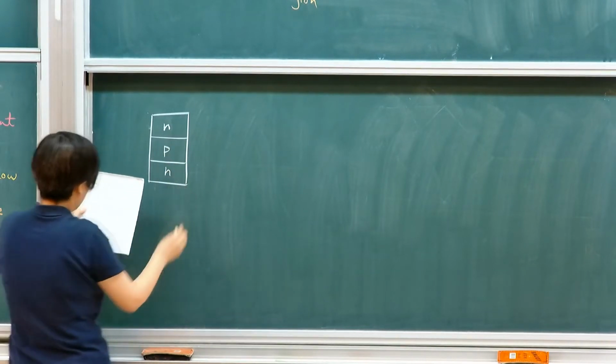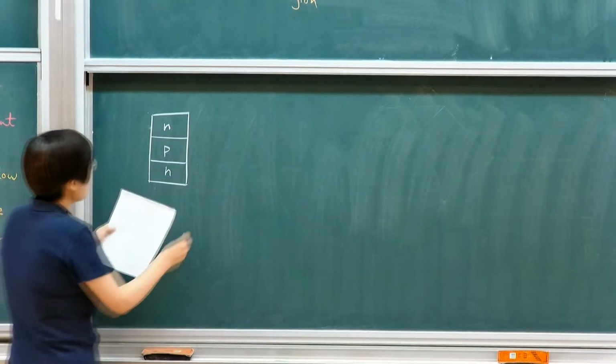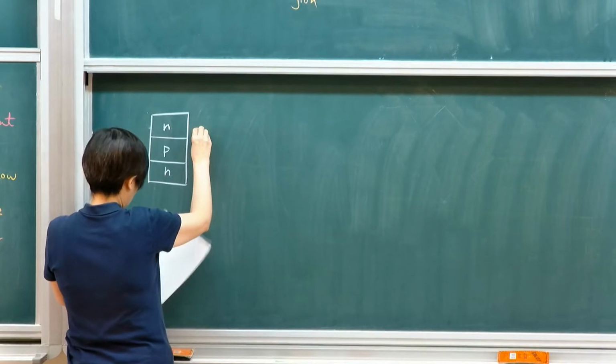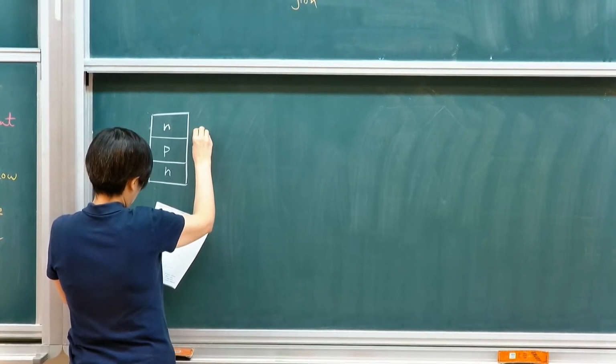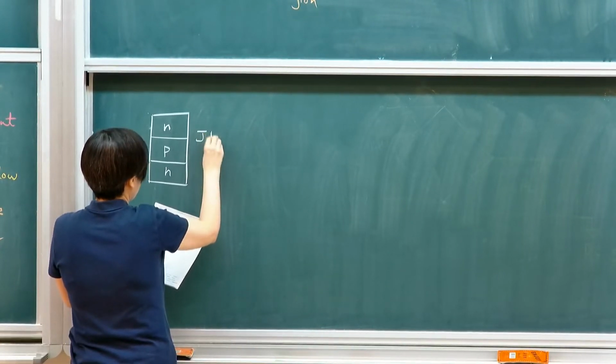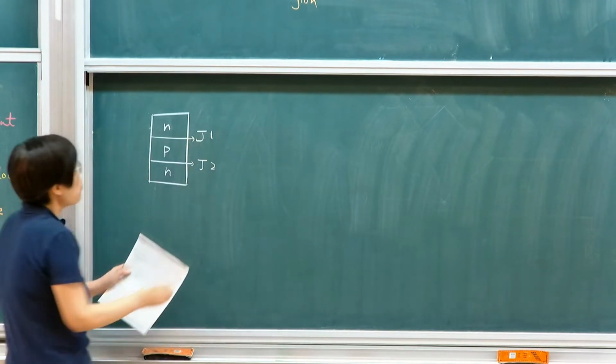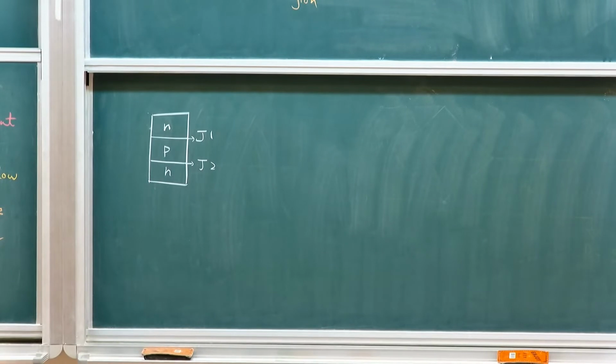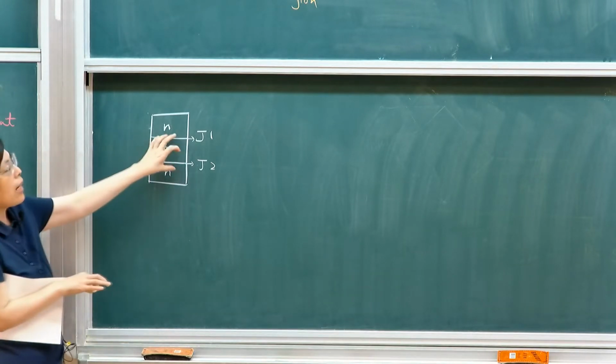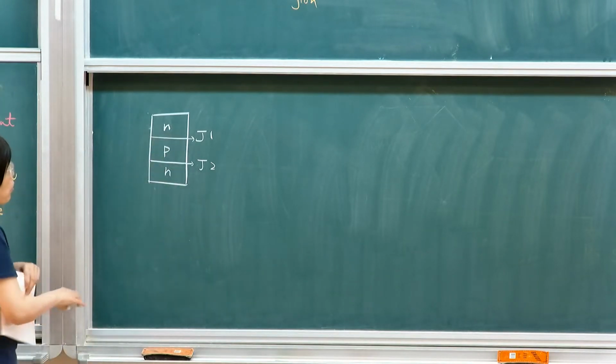NPN. If I look at this, there will be two junctions. That is why it's called a bipolar junction transistor, because it has two polarities, and mainly because it has two junctions. So I have two junctions.